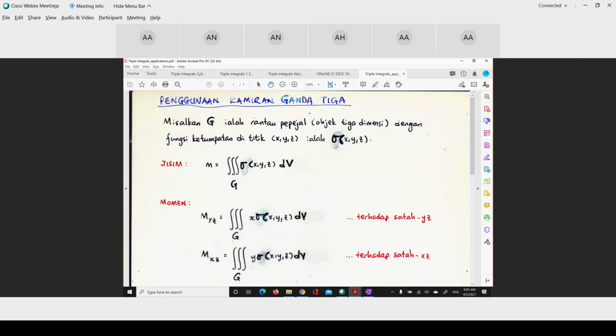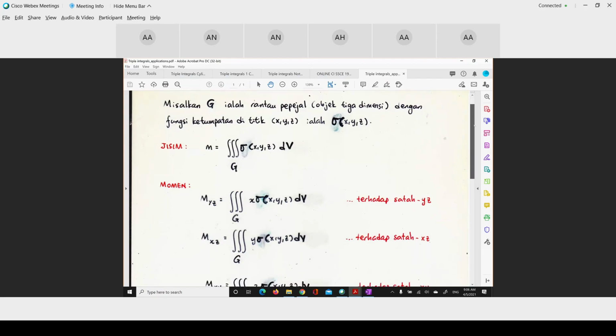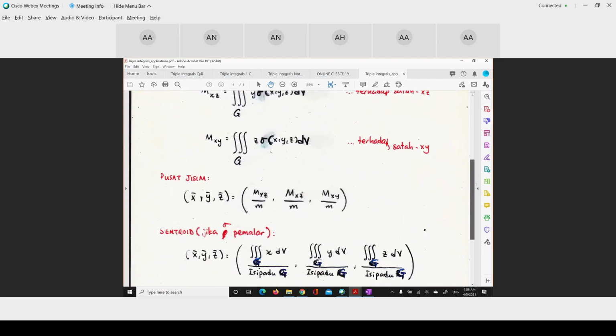If a solid object G has density function sigma here, then mass is given by this formula. Have I discussed this before?